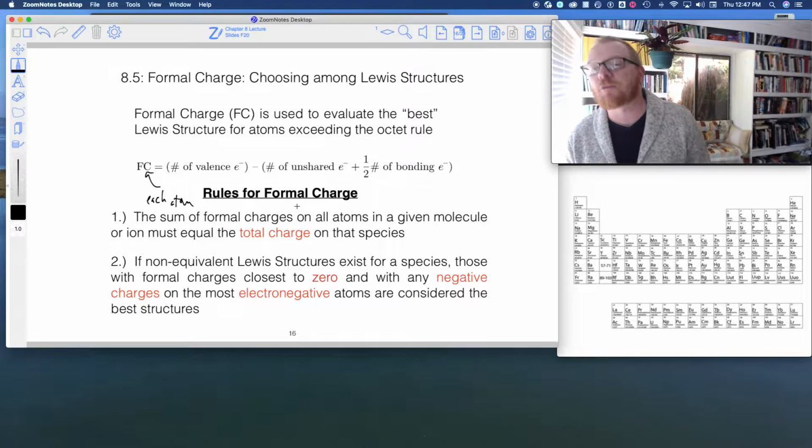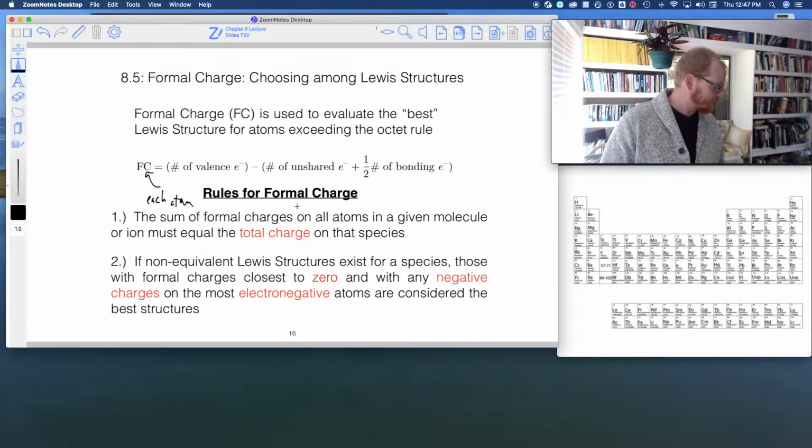And notice that's not the number of pairs, it's the number of electrons.